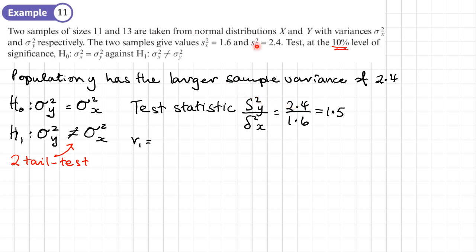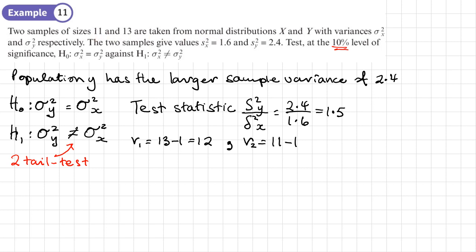Okay, so that's my sample Y, and that had a sample of 13, so 13 minus 1. So be careful not to mix these up. And nu2, my second degree of freedom, is going to be from the population that has a smaller sample variance, that's population X, and population X had a sample of 11, so that's 11 minus 1.